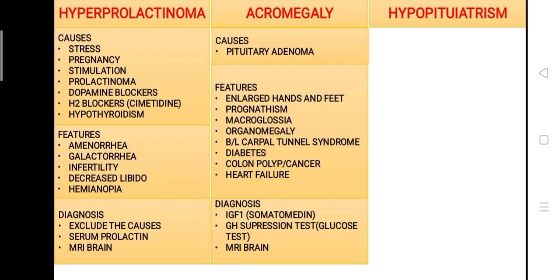Now let's talk about the growth hormone suppression test. Listen to this carefully. As I said before, the growth hormone increases the level of glucose. So what we do here is give the patient a glucose load. When there is a high amount of glucose, there is no need for growth hormone to increase the glucose.